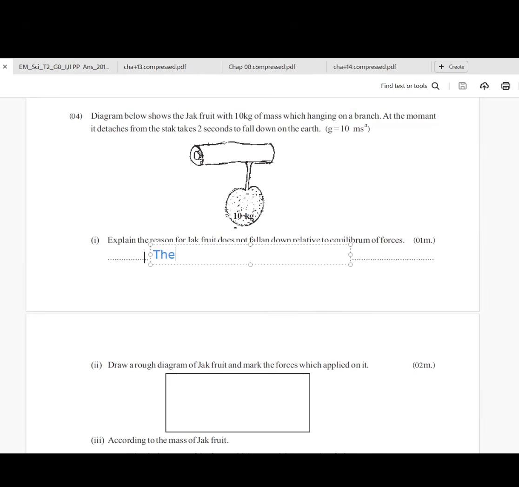The force exerted upward from the stalk is equal to the weight of it.